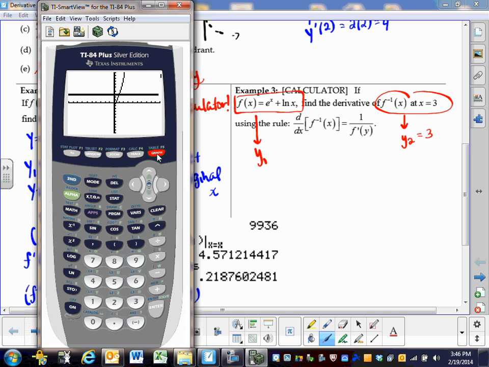So I'm going to use my calculator to get the function e to the x plus natural log of x and 3. I'm going to graph to see where these intersect. So I'm going to graph first, find the intersection.